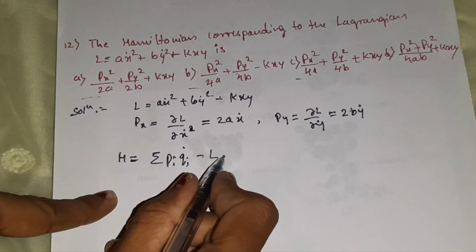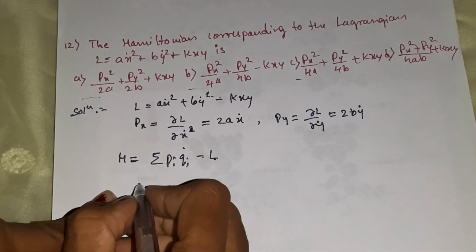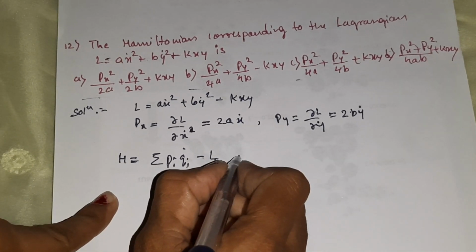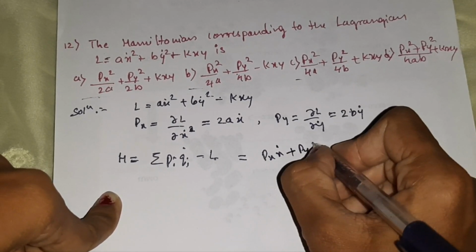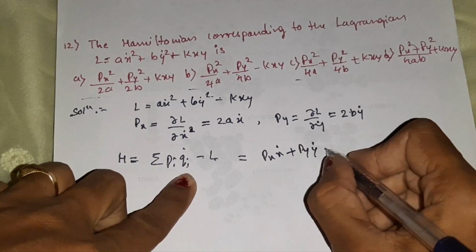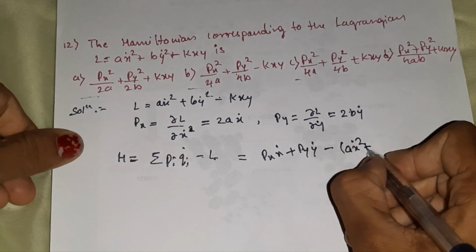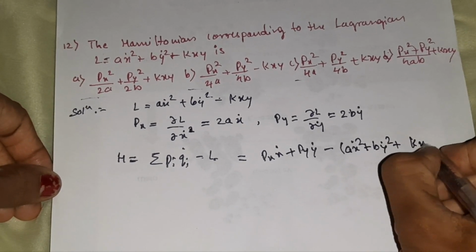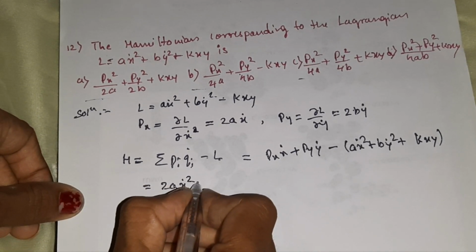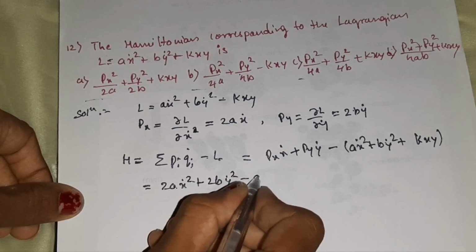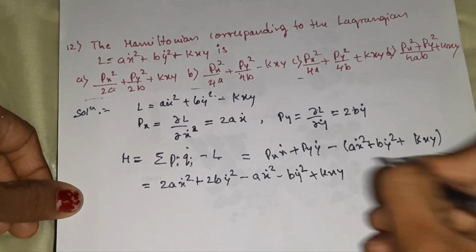We have the Lagrangian L, then we have to find H, which is equal to px x dot plus py y dot minus L. In terms of x and y coordinates, that is 2a x dot square plus 2b y dot square minus a x dot square minus b y dot square plus kxy.